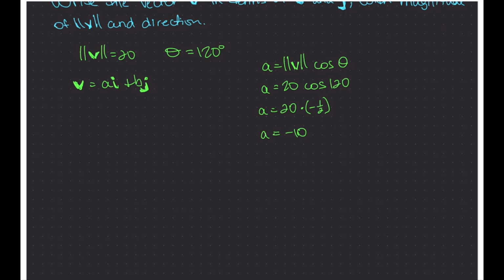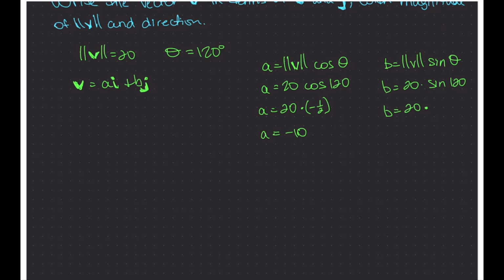So we figured out our A. Now we just need to find our B. And what's B? The magnitude of sine theta. So B equals 20 times the sine of 120. Make sure you give me the exact value, not the estimated value, because we want to make sure we land on the moon and don't pass it.